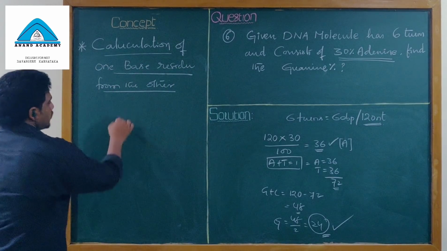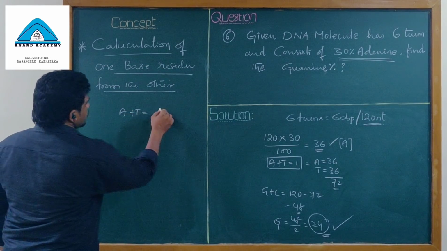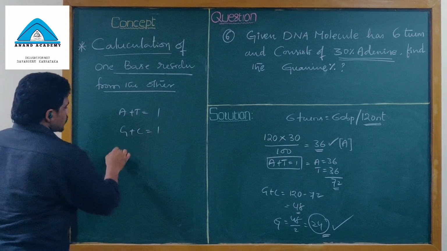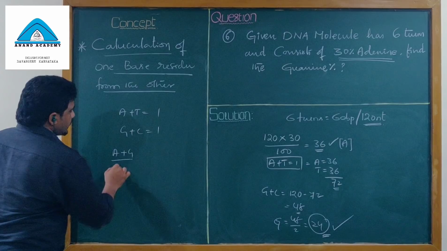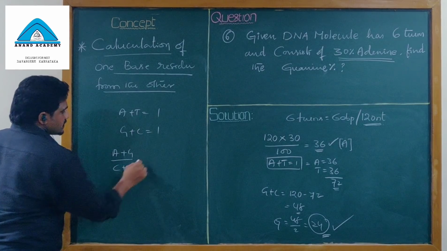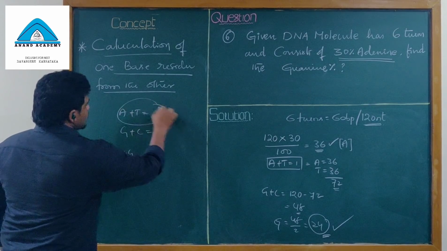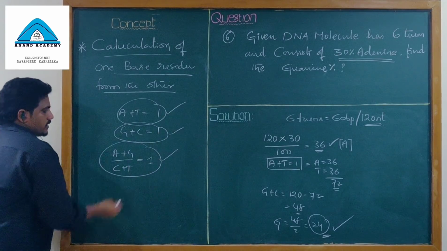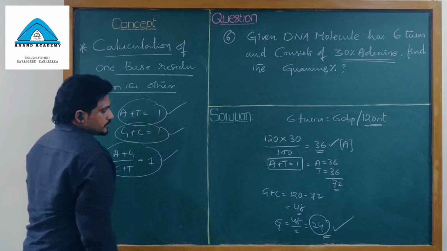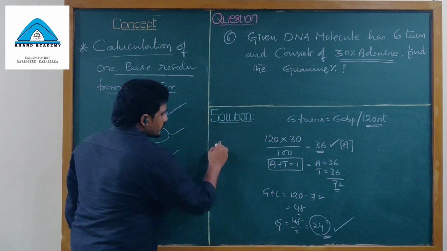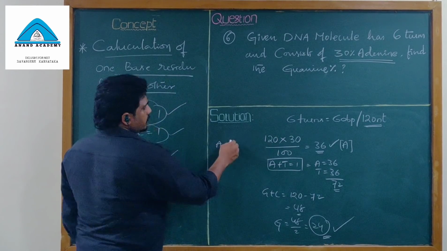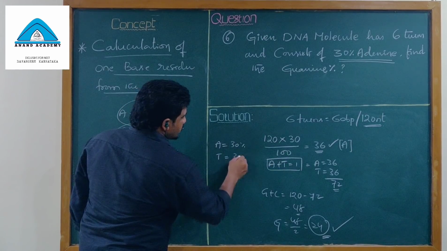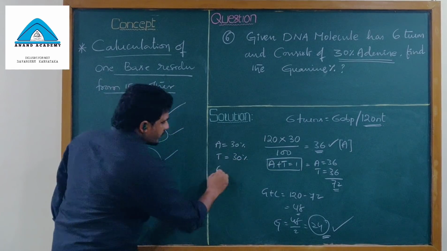So here Chargaff rule is A plus T is equal to 1, G plus C is equal to 1. So A plus G by C plus T, or T plus C, is equal to 1. This is also correct. You just compare and find what is the percentage of A? 30%, right? What is the percentage of T? 30%. And what is the percentage of G?